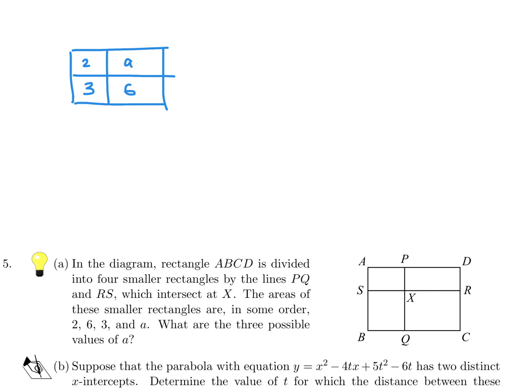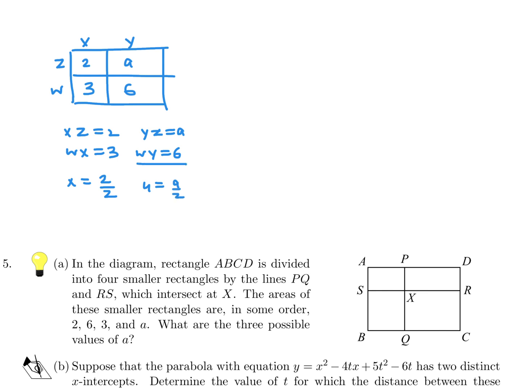And then I have to label this, so I'll just label it X, Y, W and Z. Okay, so now the individual boxes, the areas: XZ is 2, YZ is A, WX is 3, and WY is 6. So that means that X is 2 over Z, and Y is A over Z.